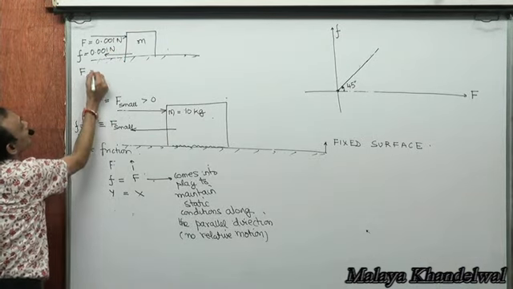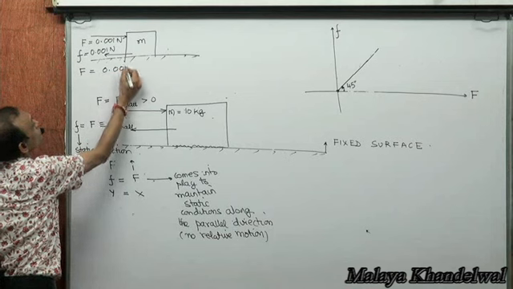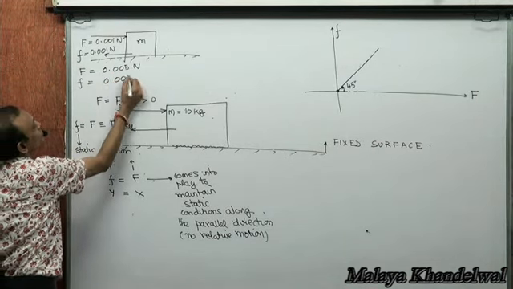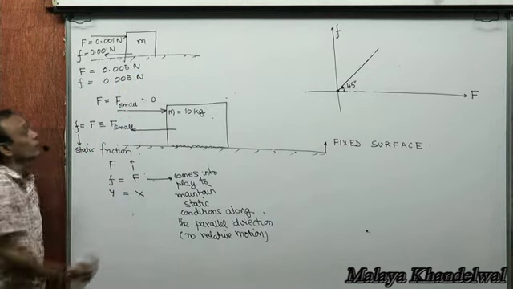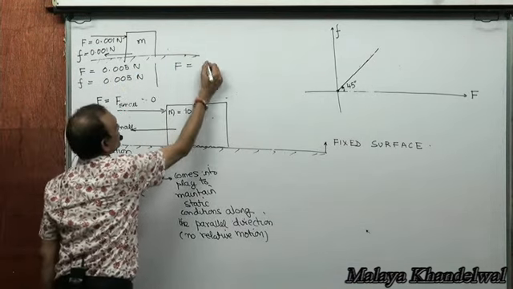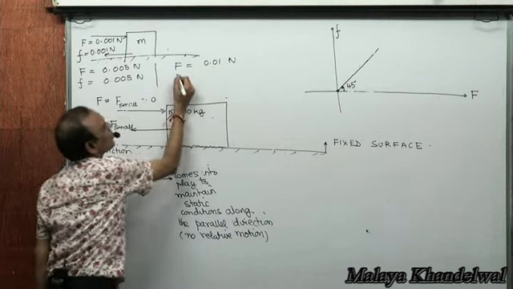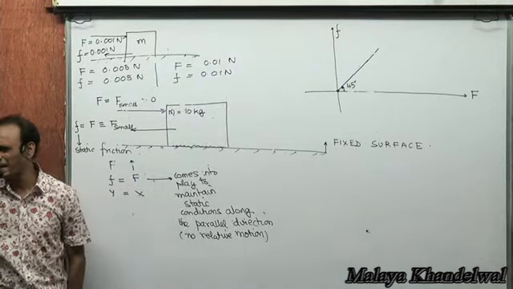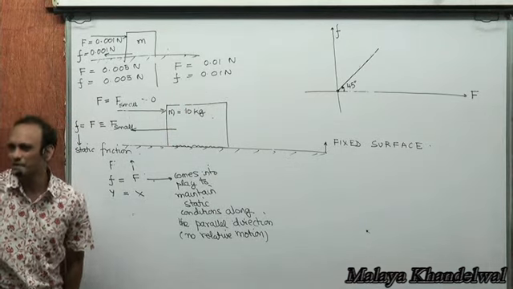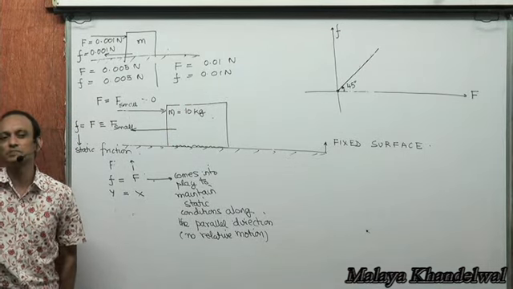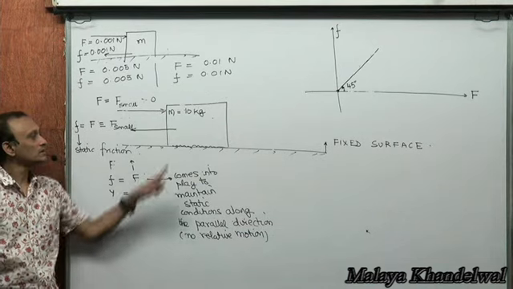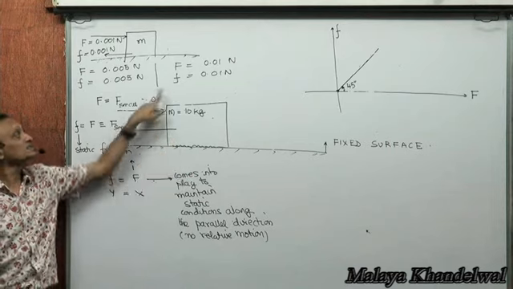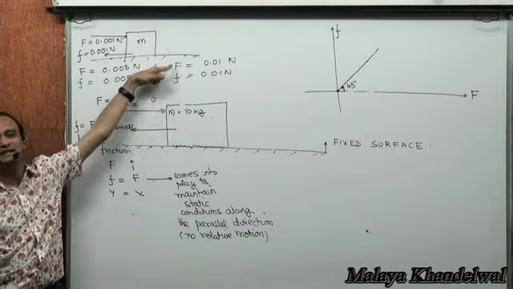When capital F becomes 0.005 newtons, say, small f also becomes 0.005 newtons. Yes or no? When capital F say becomes 0.01 newtons, small f, let's say, becomes 0.01 newtons. It's trying to keep pace with capital F, as much as possible, based on these interlockings. Based on the nature of these interlockings, small f would try to keep pace with capital F.